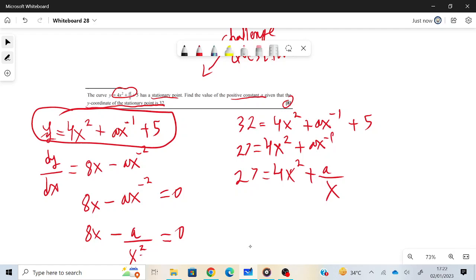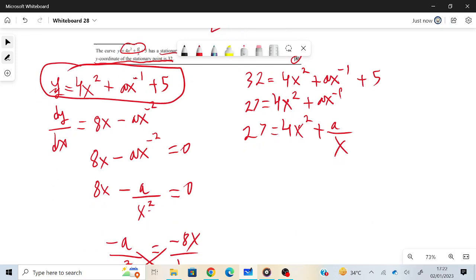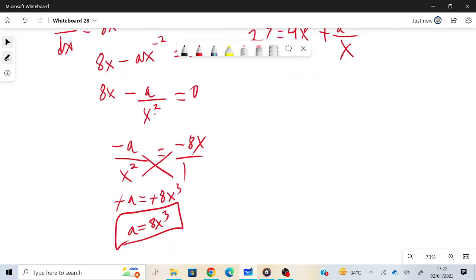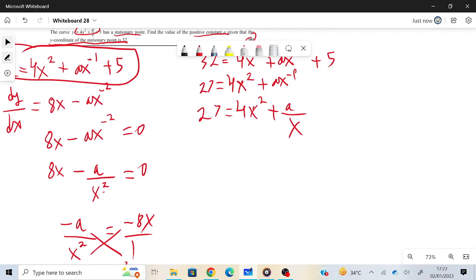Now you might be wondering, how do we get the value of a? And how do we get the value of x? Remember, we said that a is equal to 8x cubed. So putting that value in this equation here, we would have 27 equals 4x squared plus 8x cubed over x. And now we can solve for x because there's only one unknown.